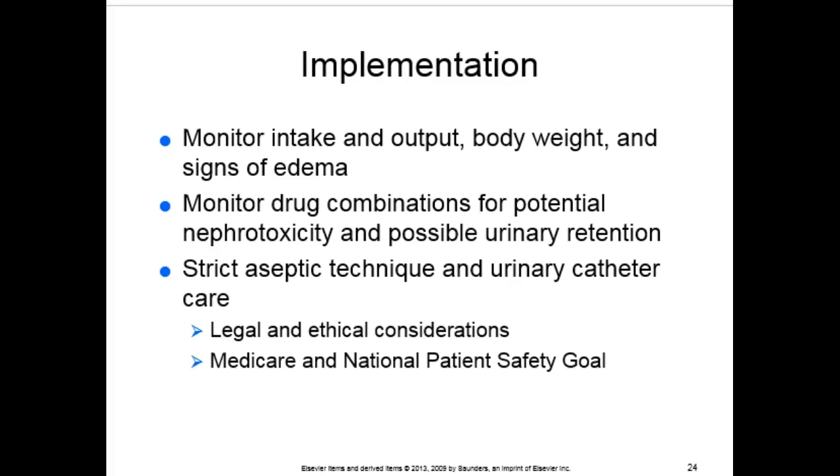Medicare and the National Patient Safety Goals have set as their goal to reduce catheter-associated urinary tract infections, otherwise known as CAUTI, to protect patients and decrease the occurrence of urinary tract infections related to the use of Foley or urinary catheters.